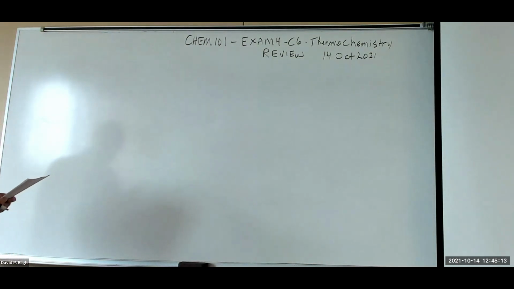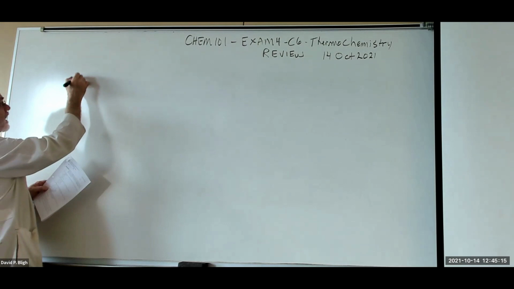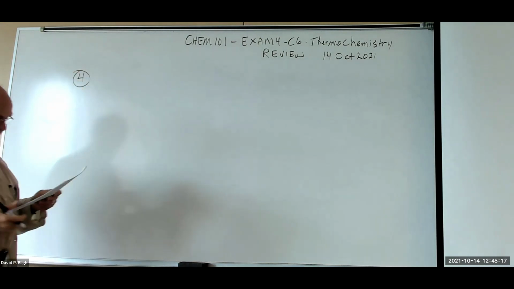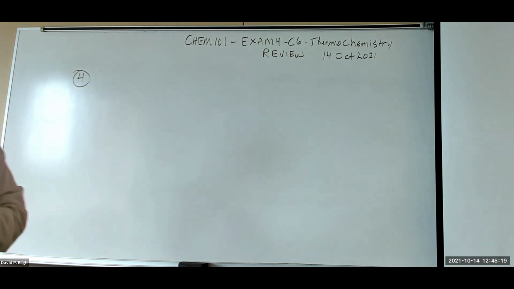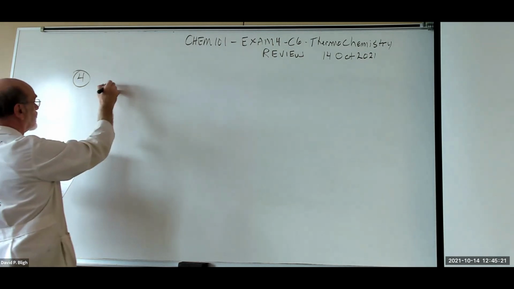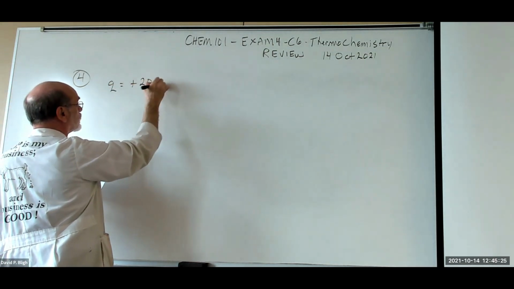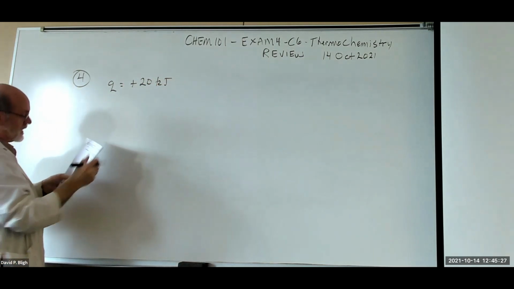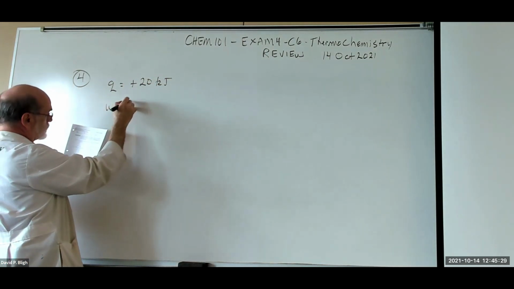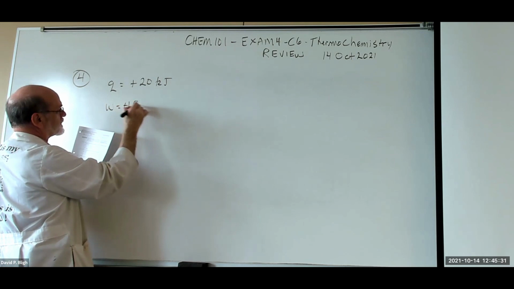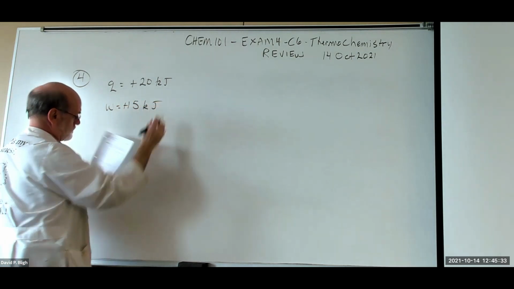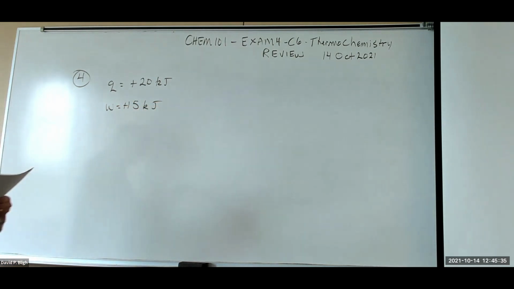All right, let's see, 4. For a particular process, Q equals plus 20 kilojoules, and W equals positive 15 kilojoules. Which of the following statements is true?